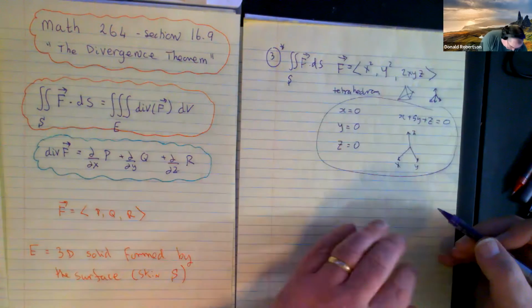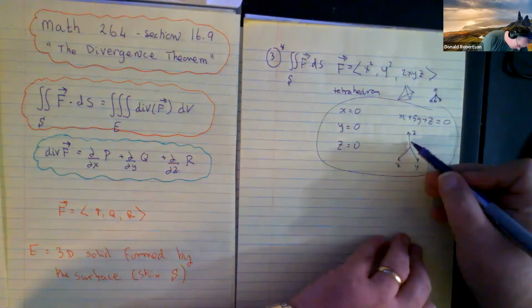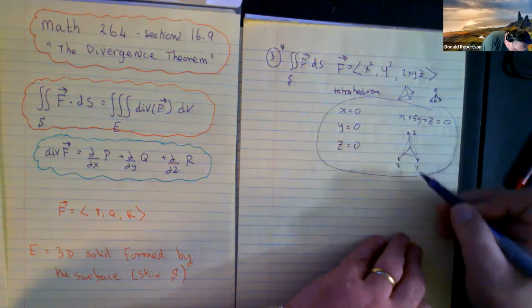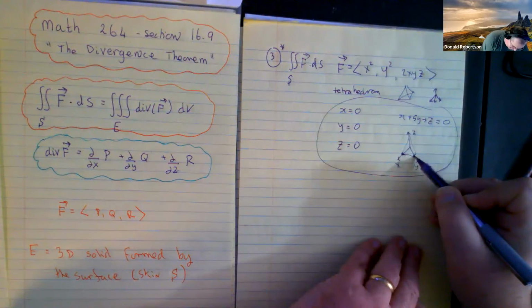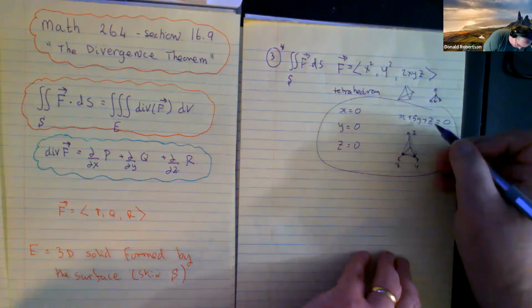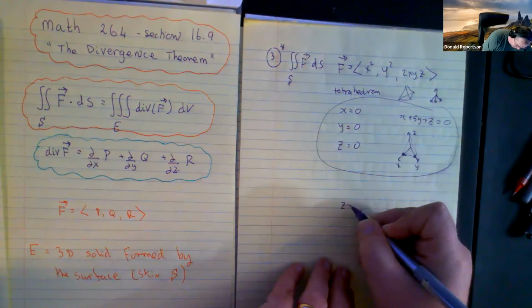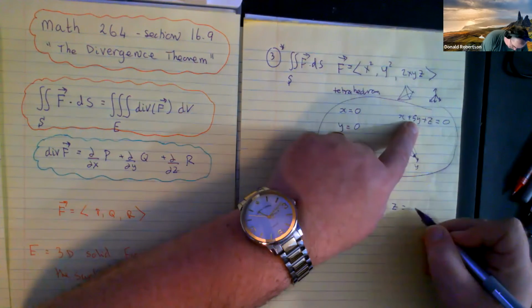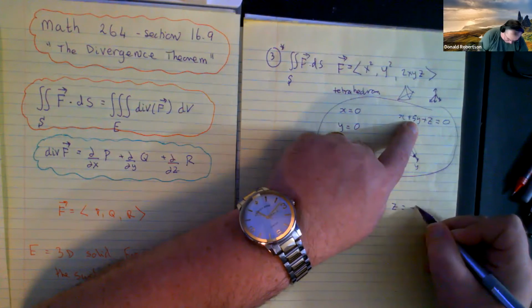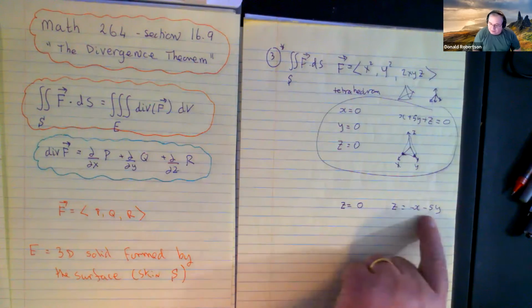Your shape is going to look something like that. So what we need to do here is find these two in particular. The z is easy. The z is going to go from 0 to, rearranging this, 10 minus x minus 5y. So there's my limits of z.